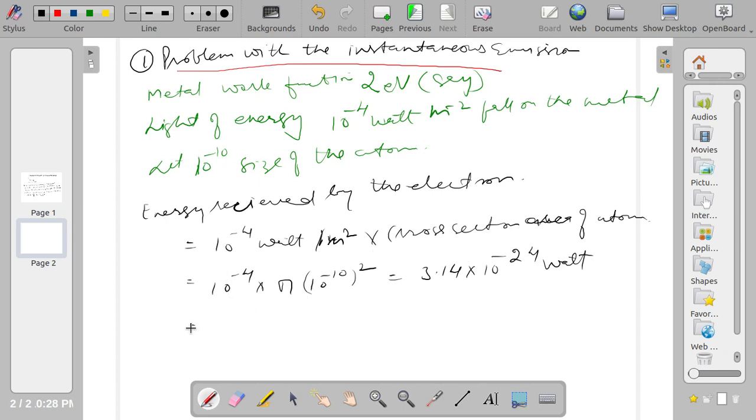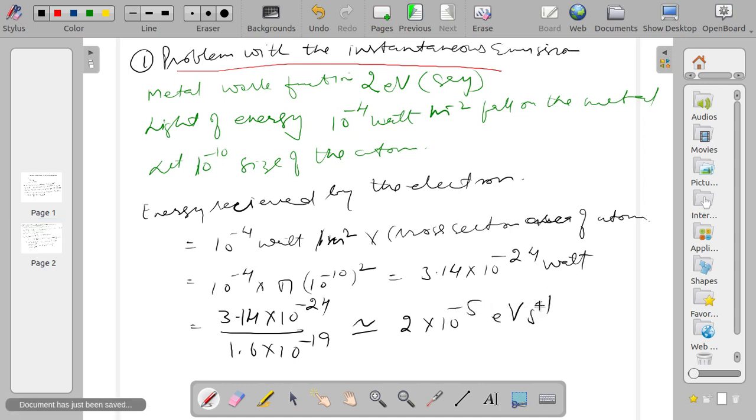This can be converted into electron volt: 3.14 into 10 raised to power minus 24 divided by 1.6 into 10 raised to power minus 19, which is roughly 2 into 10 raised to power minus 5 electron volt per second.